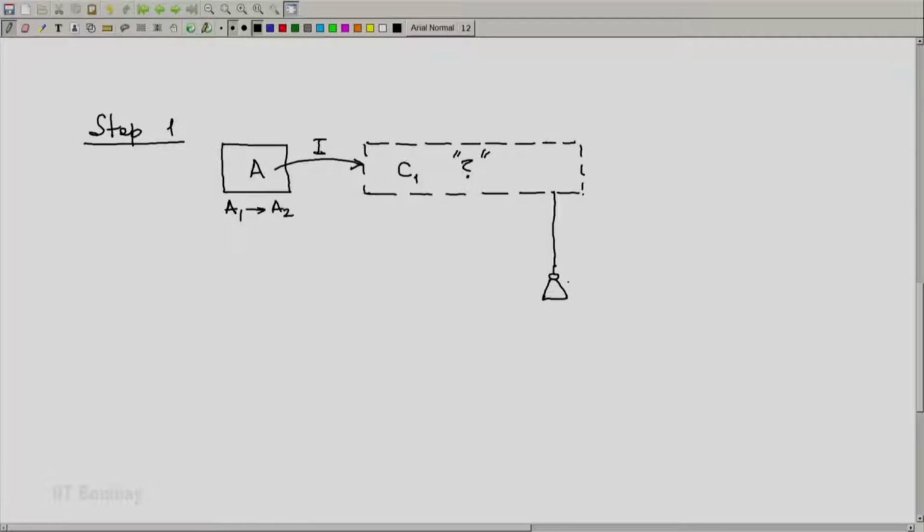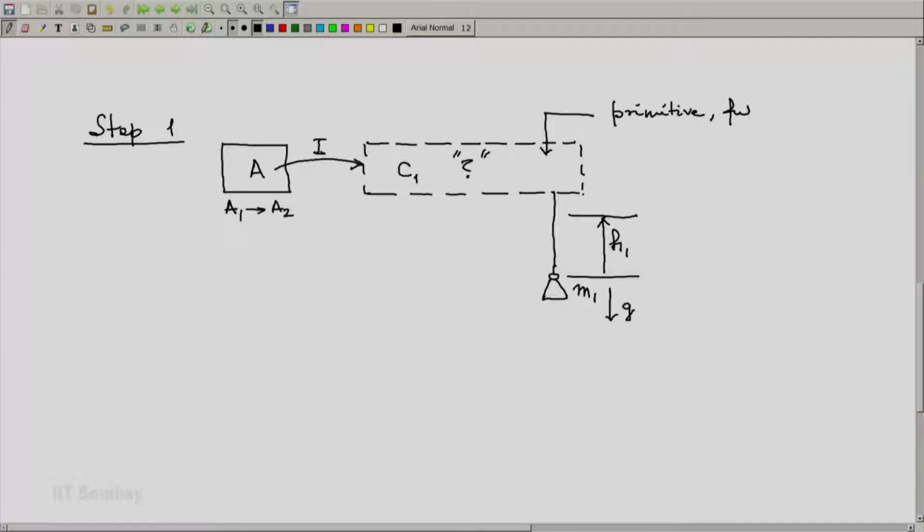And that means let it raise a mass m1 in a gravitational field g up by a height say h1. The requirement on C1 is that it must be a primitive system defined using principles in other branches of physics.